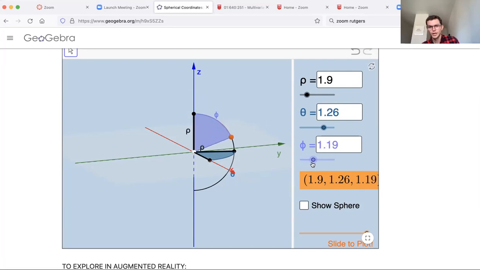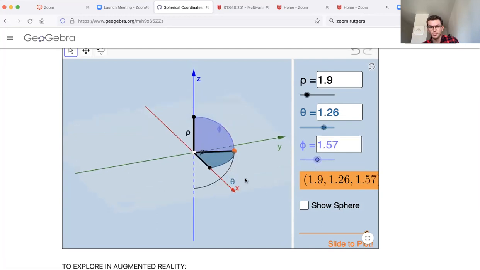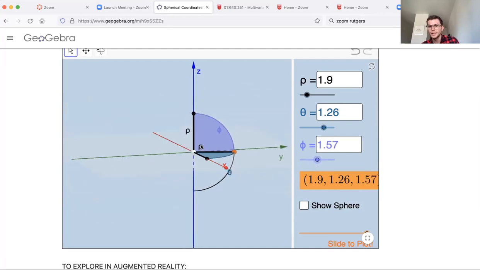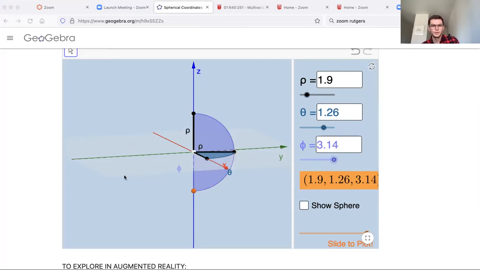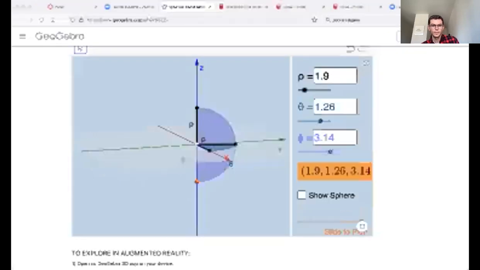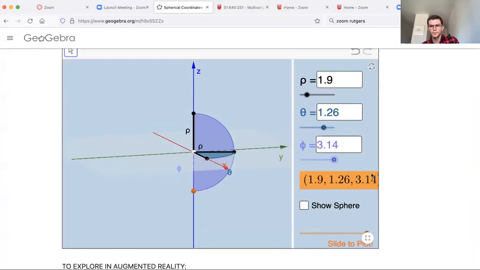By the time you hit the XY plane, you have dropped by 90 degrees, so you have dropped by pi over 2. And as you move towards the South Pole, you have covered pi radians. So phi goes from 0 to pi, because that's what you need to go from the North Pole to the South Pole.